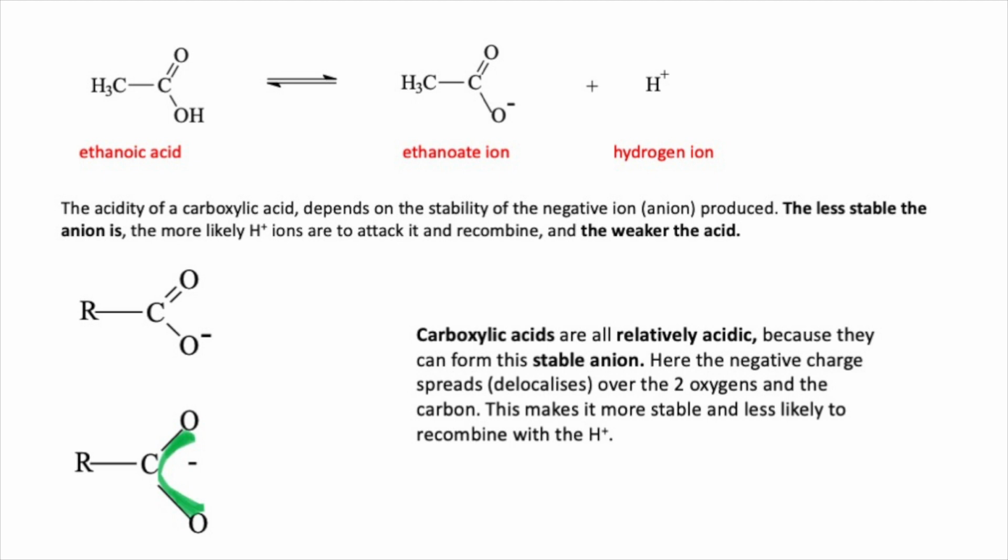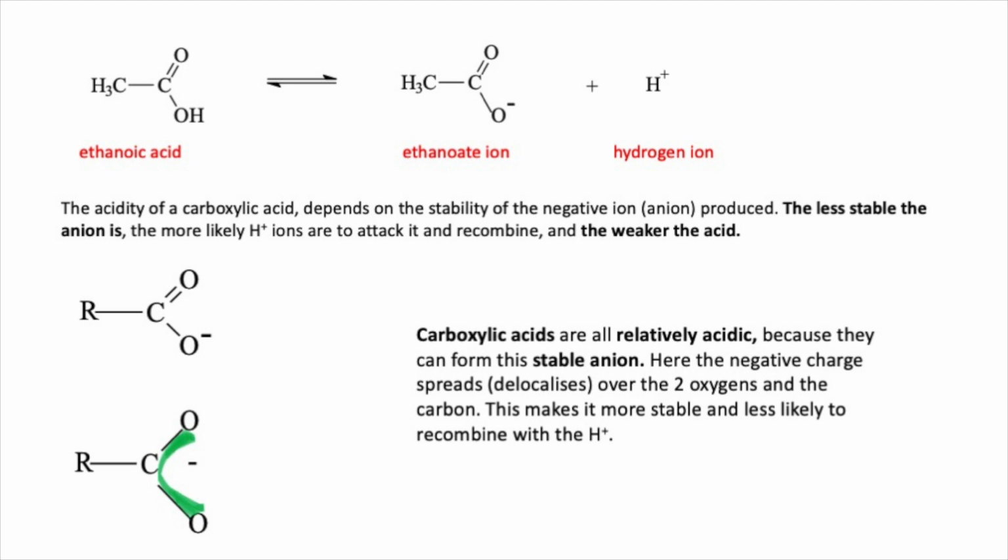You might be thinking, what causes these electrons to delocalize over the COO region? Well, it's because of the electronegativity of the oxygen atoms, so the electrons will spend more time located around the oxygens than the carbon. So more delocalization of the negative charge takes place in a carboxylate ion, when the negative charge spreads over the COO region, than takes place when the negative charge spreads over the benzene ring in a phenoxide ion.